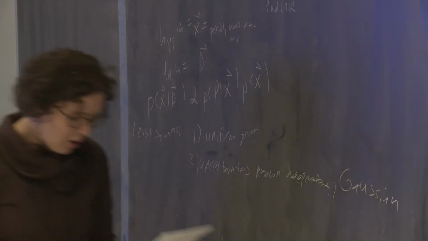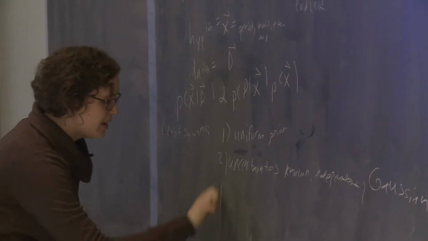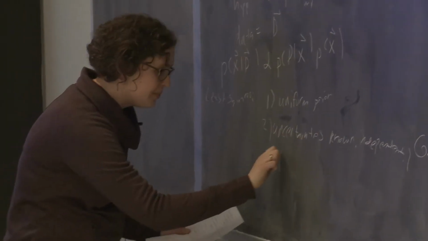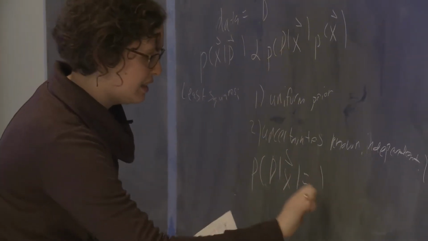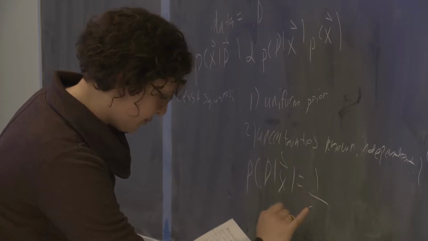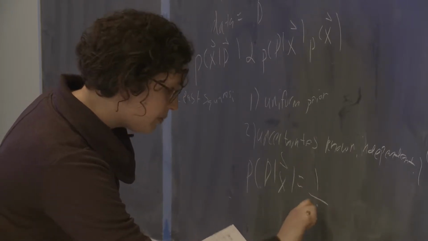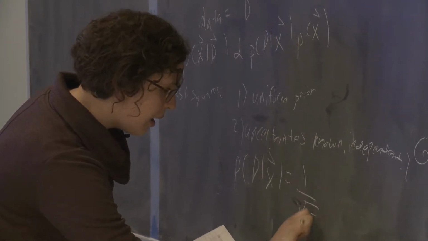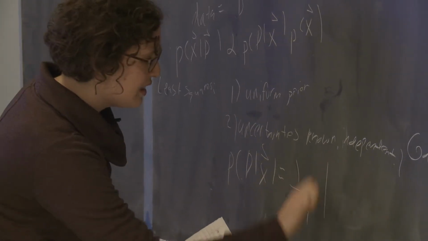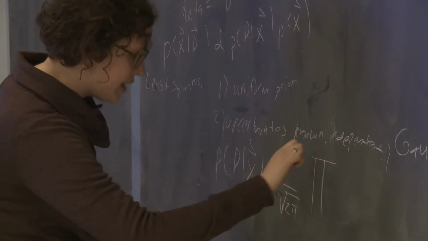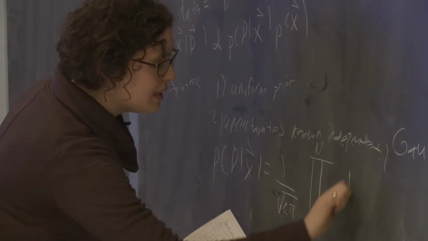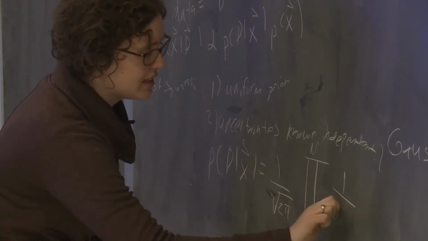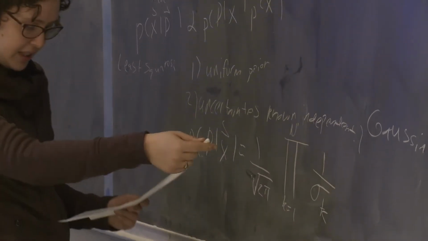So if all those assumptions are true, then you can say the probability of the data given x is 1 over square root of 2 pi. You guys probably know this, so you don't necessarily have to write it down. But we'll talk about what this means. So there's k data points. Each has a reported uncertainty, sigma k.